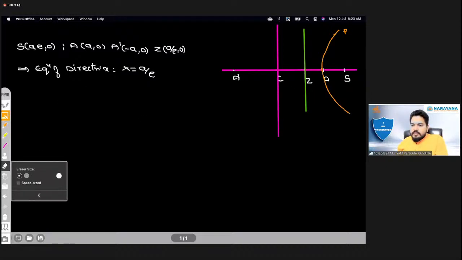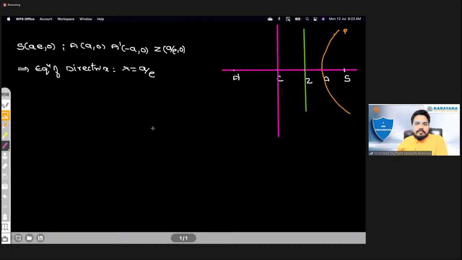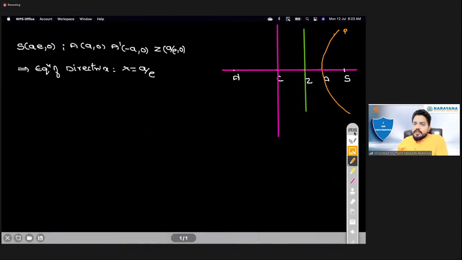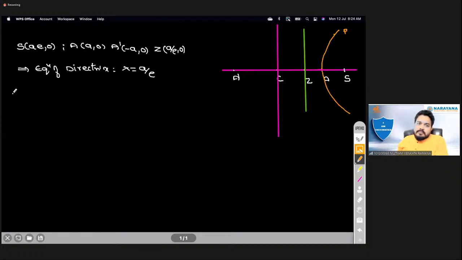So don't assume this A. A is here only itself. So you proceed solving further. SP by PM is equal to E. SP square is equal to E square into PM square.